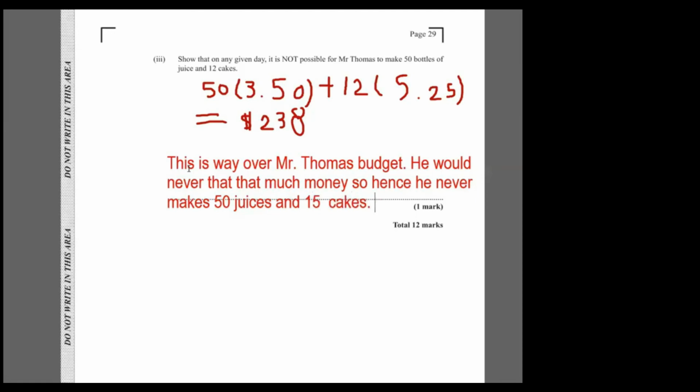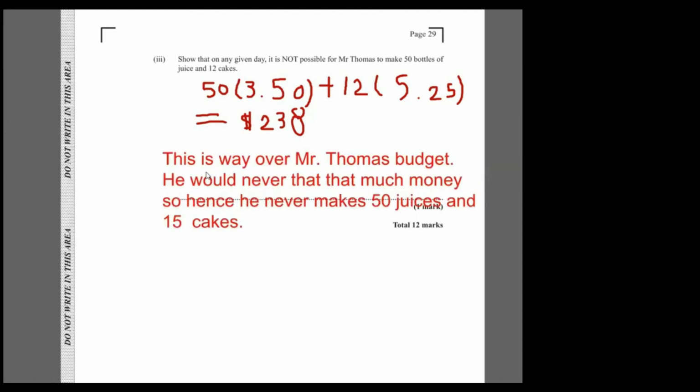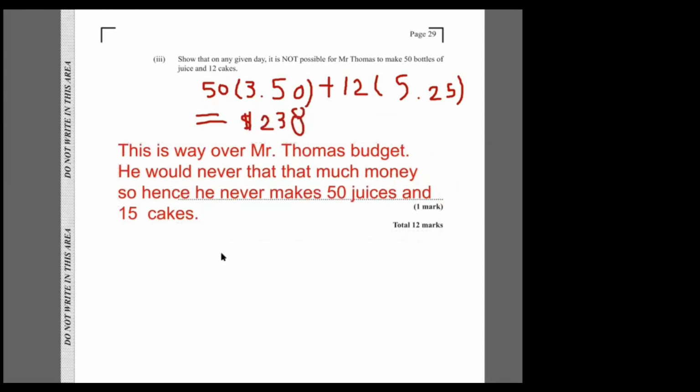He's never going to do that because Mr. Thomas is not going to spend so much money. So that's the reason. This is way over Mr. Thomas' budget. His budget is $163. All right, and I totally agree with Mr. Thomas.